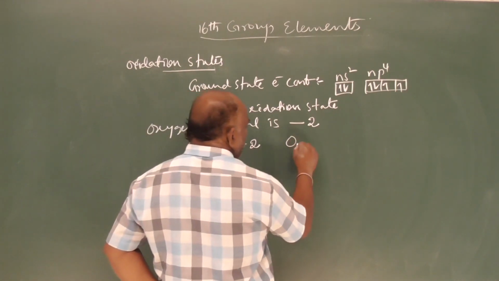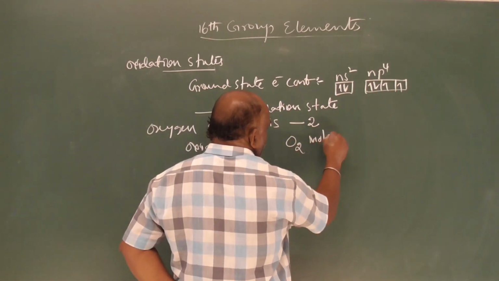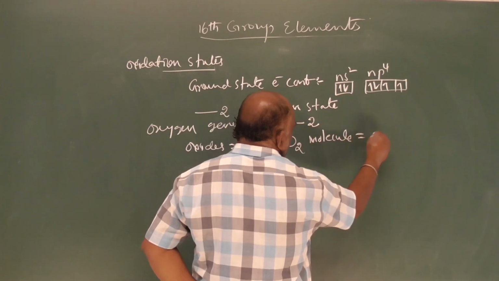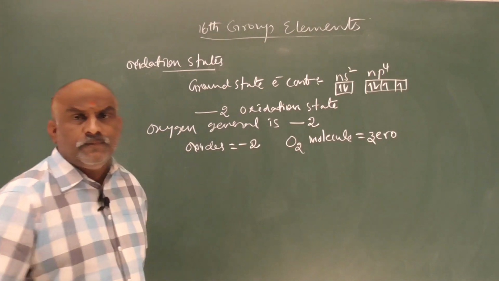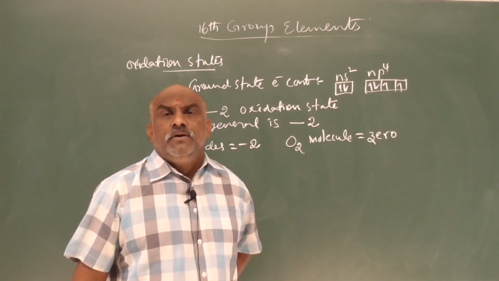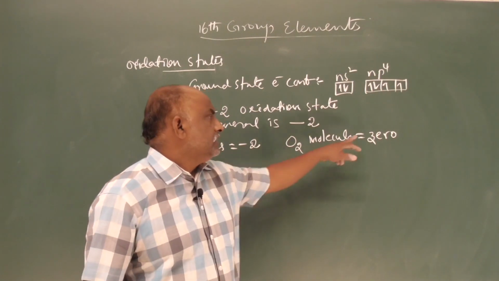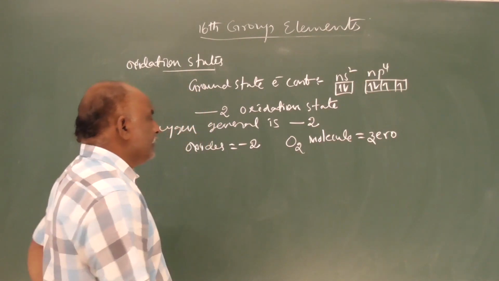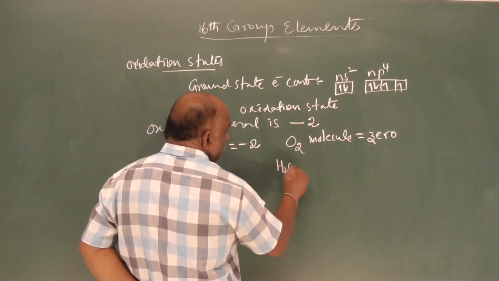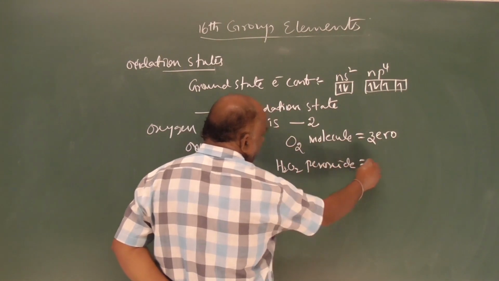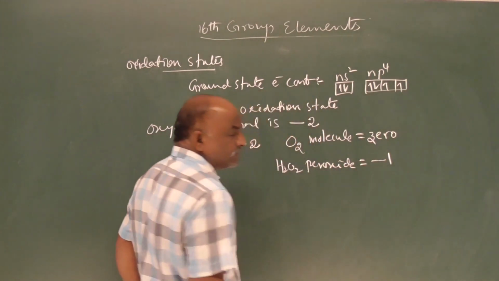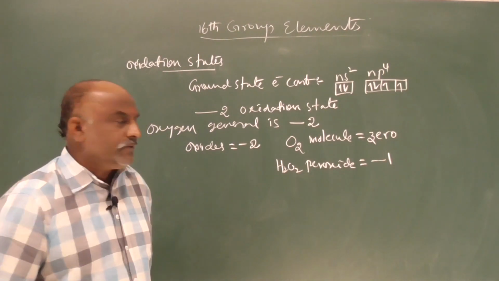Suppose O2 is there. In the O2 molecule, the oxidation state of oxygen is 0. H2O2 is called a peroxide; in peroxides the oxidation number is -1.